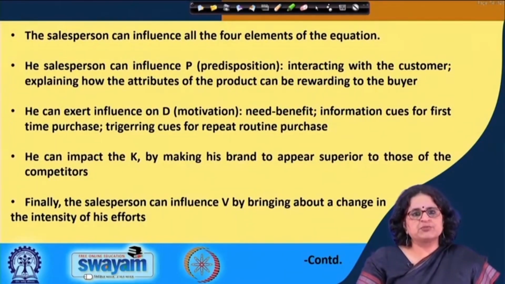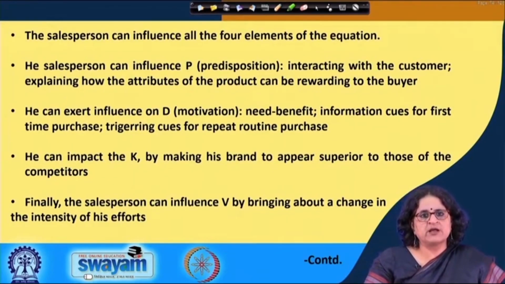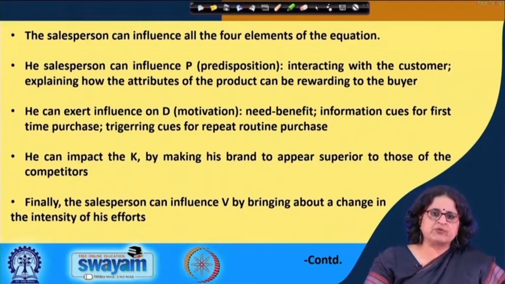He can influence the predisposition by interacting with the customer, explaining how the attributes of the product can be rewarding to the buyer. He can actually influence the predisposition by showing a need benefit linkage, by providing information cues especially in the case of first time purchase.